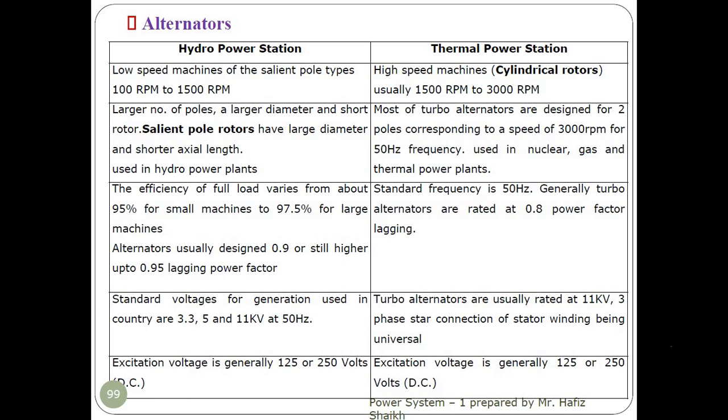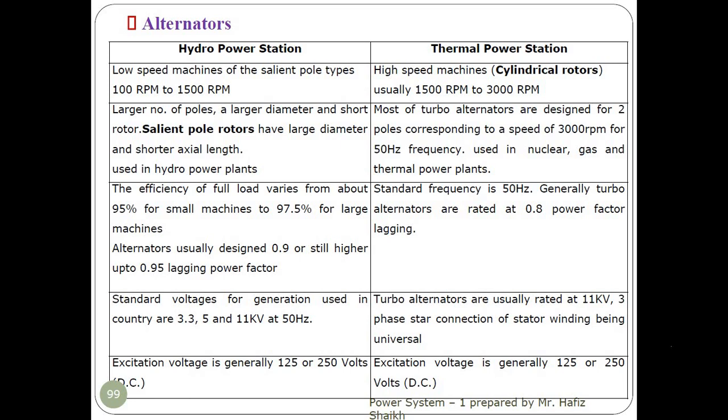Standard frequency is 50 Hz. Generally turbo alternators are rated at 0.8 power factor lagging. Standard voltages for generation used in the country are 3.3, 5 and 11 kV at 50 Hz. Turbo alternators are usually rated at 11 kV, 3-phase, star connection of stator winding being universal.